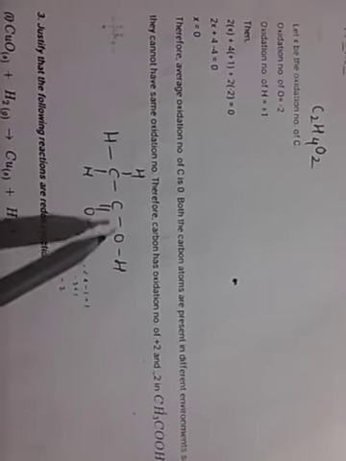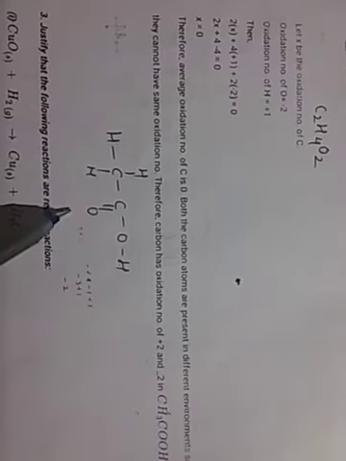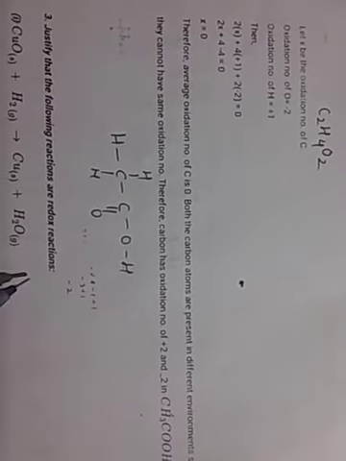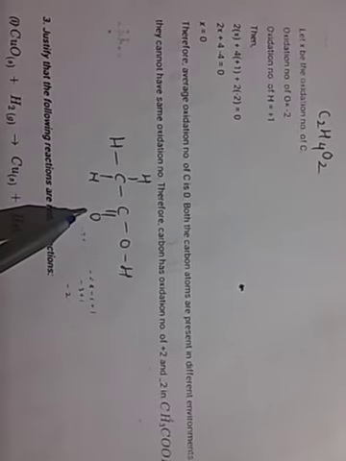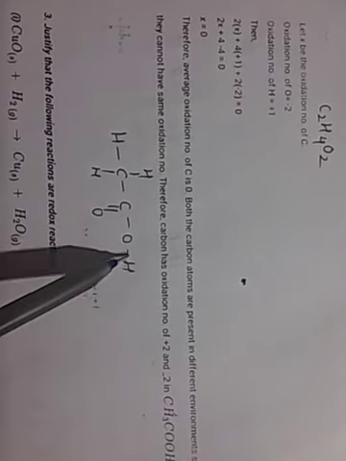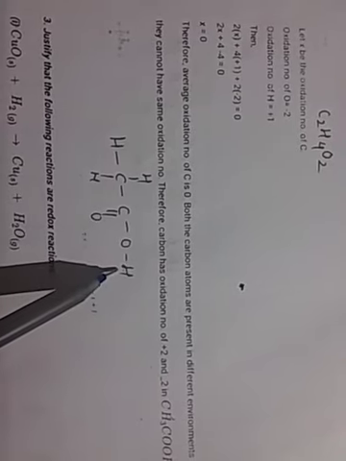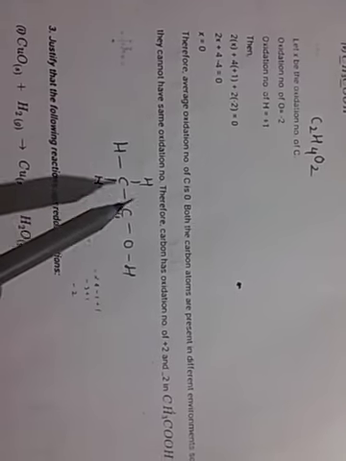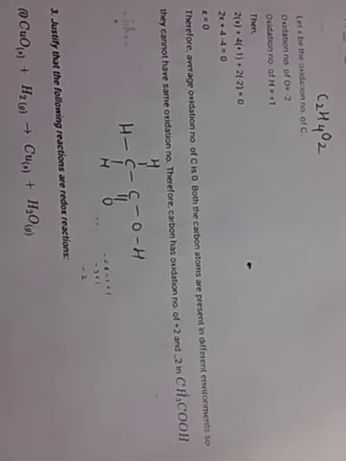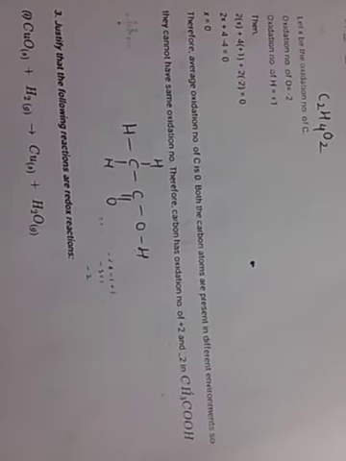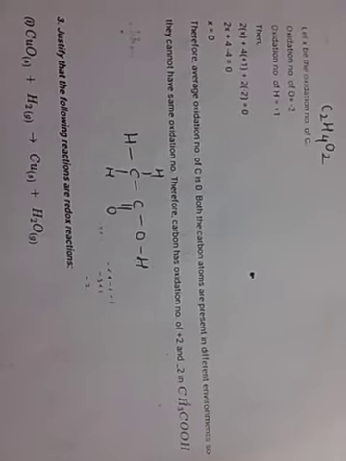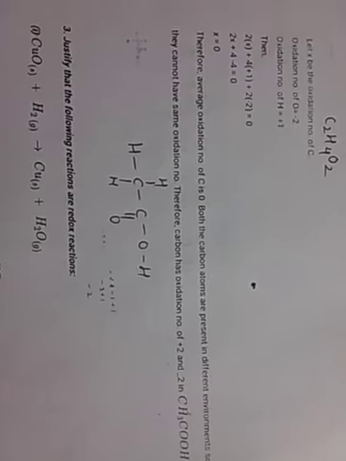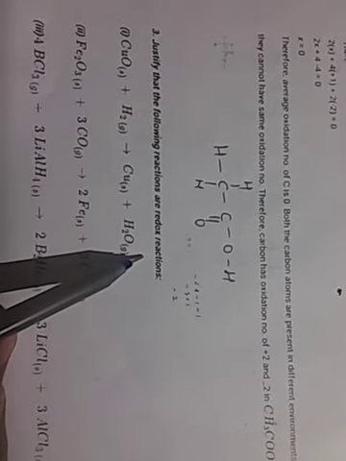This carbon has oxygen -2 and hydrogen +1, so this carbon obtains -2 oxidation number and here +3. So one carbon has +2 and another -2 in CH3COOH.